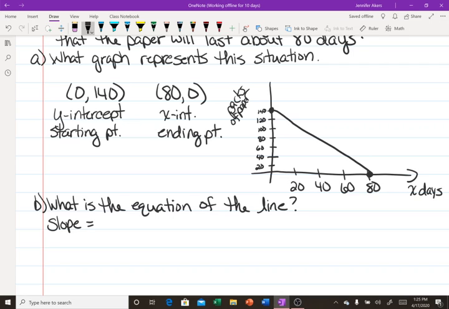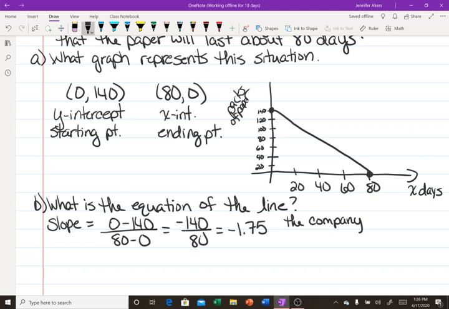The slope is going to equal 0 minus 140 over 80 minus 0, which is negative 140 over 80, which is equal to, we have to divide those, negative 1.75. So that means the company uses 1.75 packs of paper per day. That's the meaning of the slope.